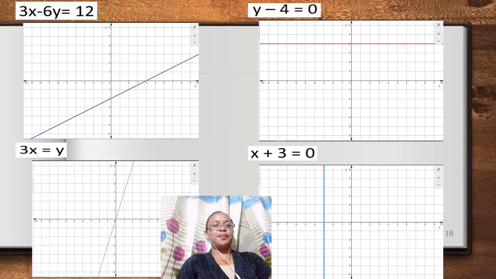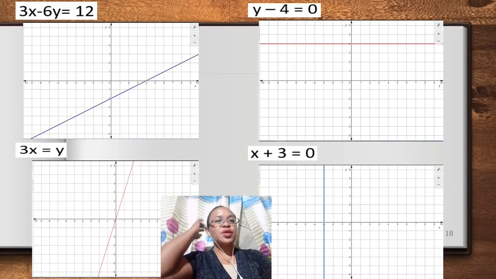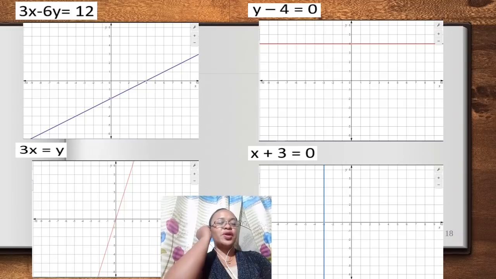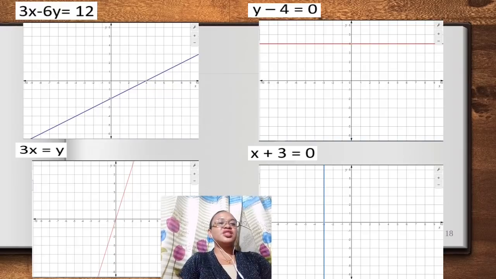It's very steep. In number 3, y minus 4 equals 0, there is no steepness there. You see, it's horizontal. That is why the slope there is 0.